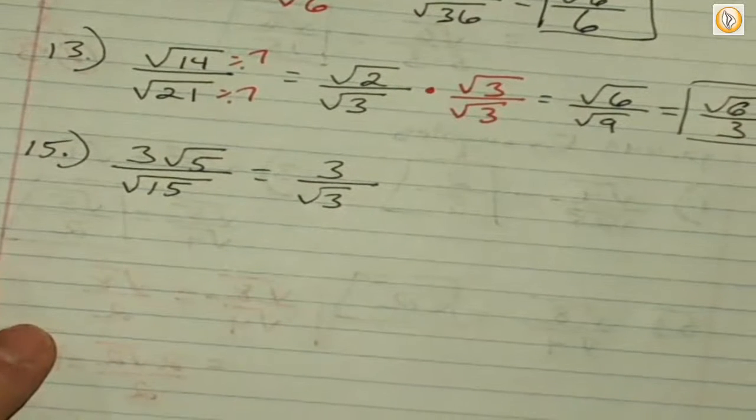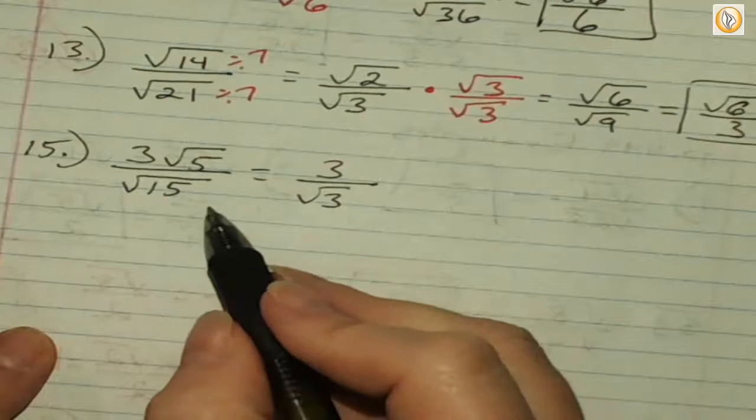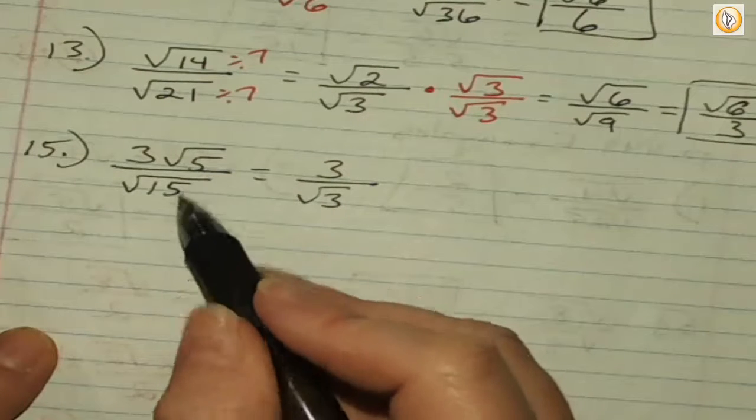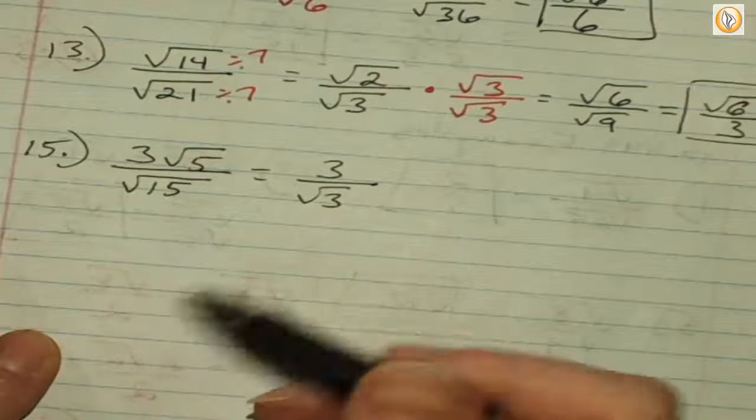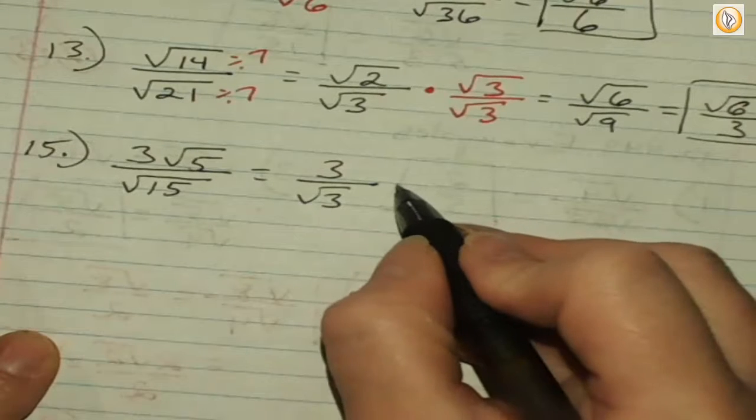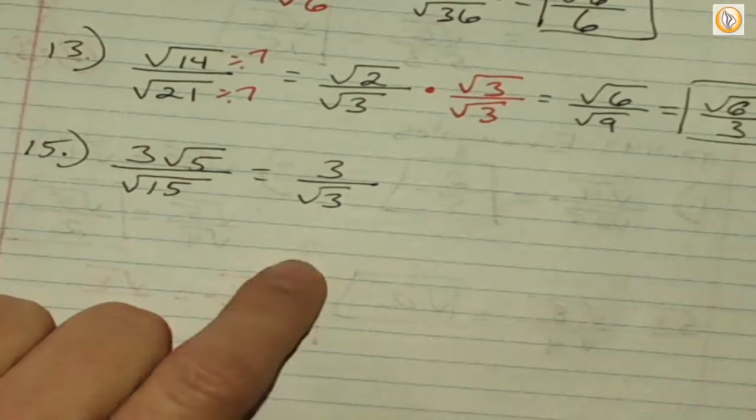Before I move on, does everyone see that? 15 can be divided by 5 evenly, so then it goes away. Okay, now, what can I do?